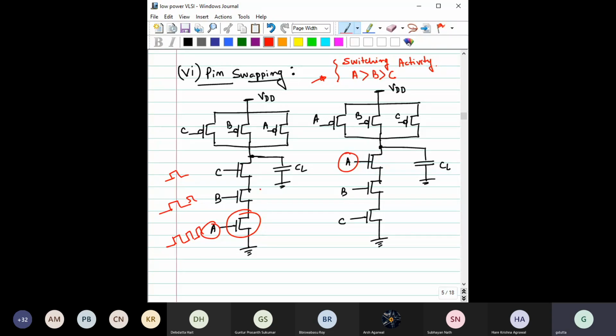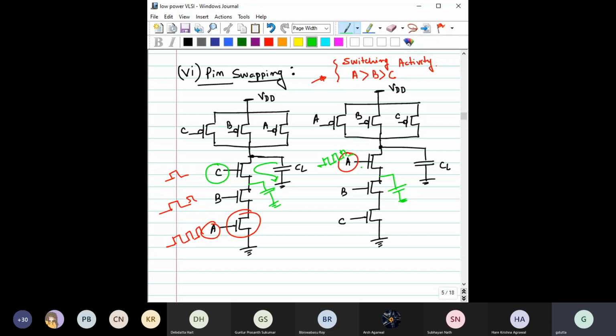Now, you know there are always some internal node capacitances. For example, here is an internal node capacitor. Now say this node is changing very rarely. That means this transistor is turning on and off quite rarely. So the possibility that this capacitor will discharge and charge, which is basically charge sharing, will be significantly reduced here. However, if you consider this one, this is a highly active input.